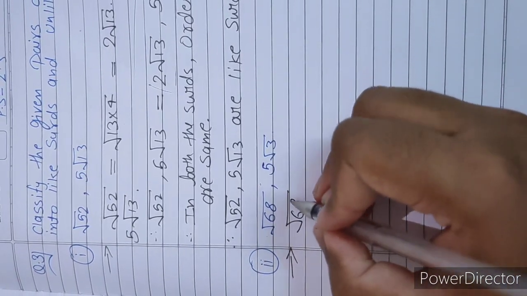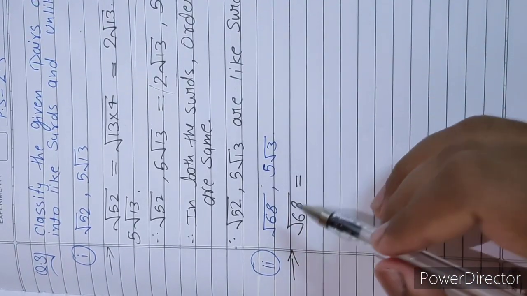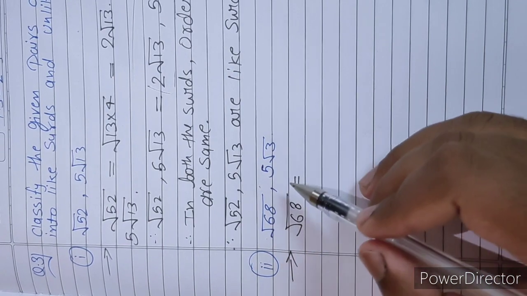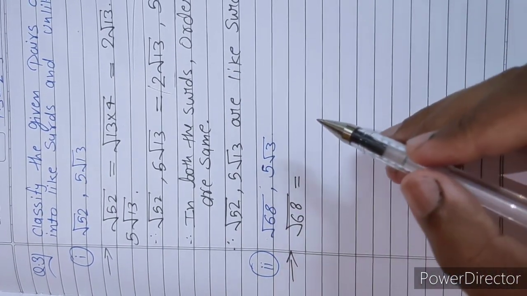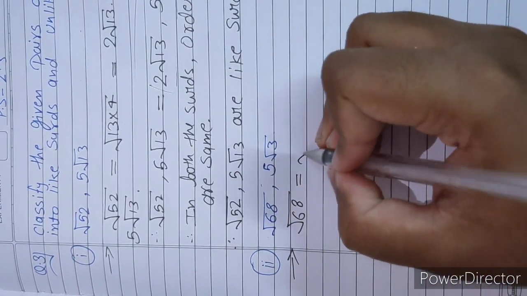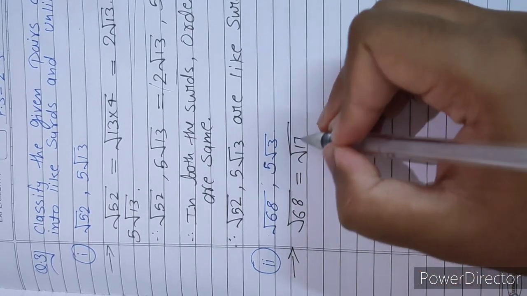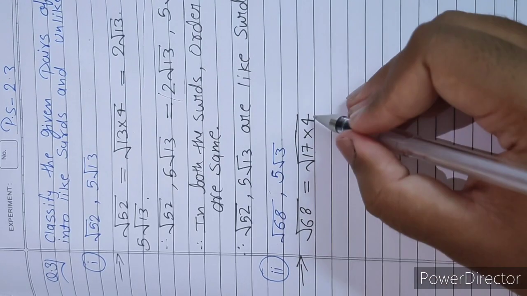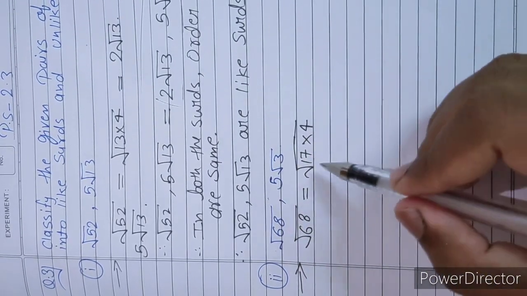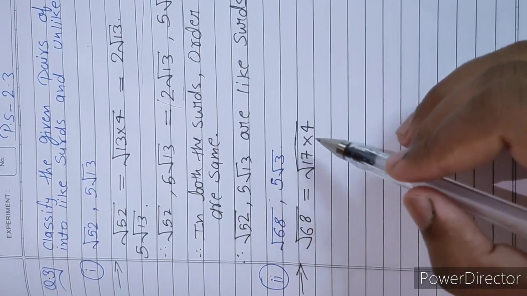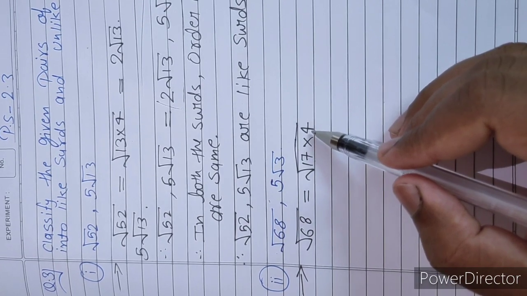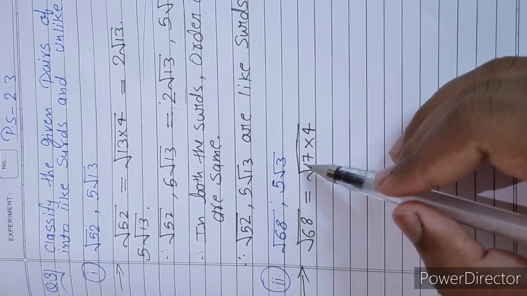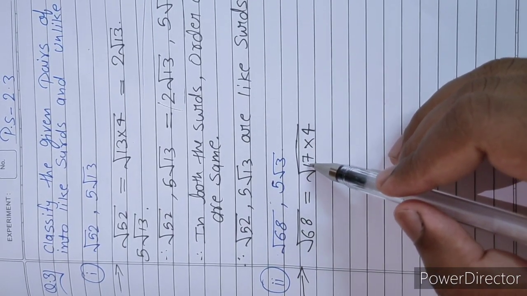So here root 68. In which parts can we break 68? 17 fours are 68. So we can write root 68 in the form of root of 17 into 4, and we have the predefined value of the square root of 4, that is 2, but we do not have the predefined value of 17.